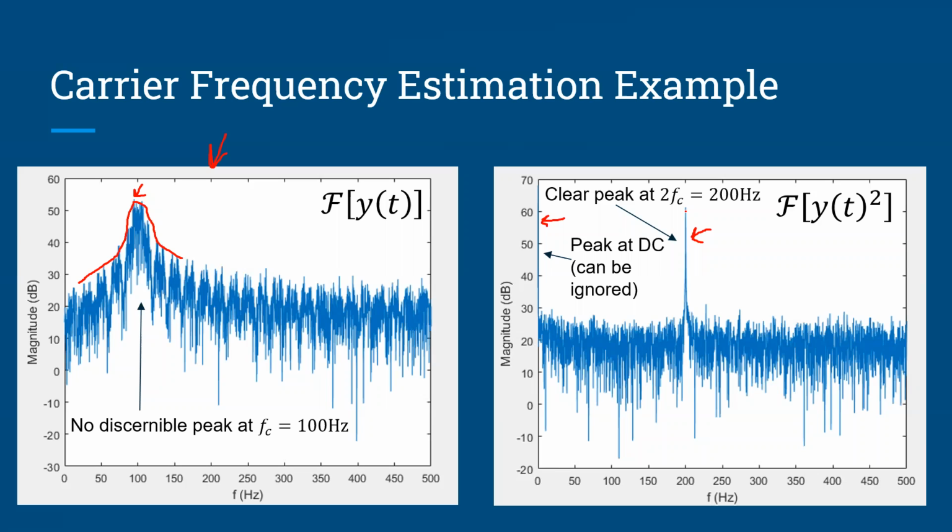Not quite, because this is discrete time, and we're using a finite duration for the Fourier transform. So it's more like a sinc function than a delta function, but it's a very thin sinc function. But it happens to be at double the frequency, and we can easily detect that peak, divide the frequency by 2, and sure enough, we get 100 hertz, which in this case is the carrier frequency.